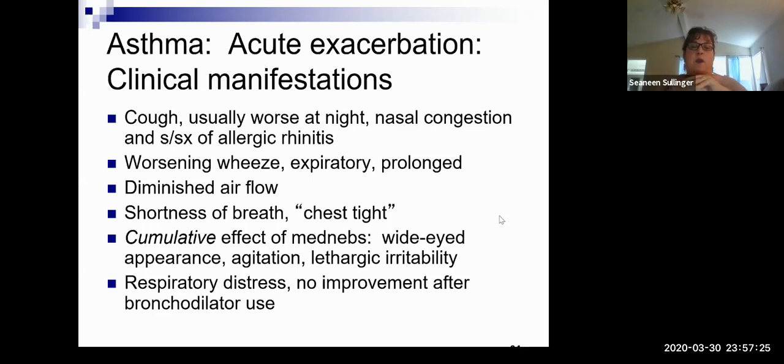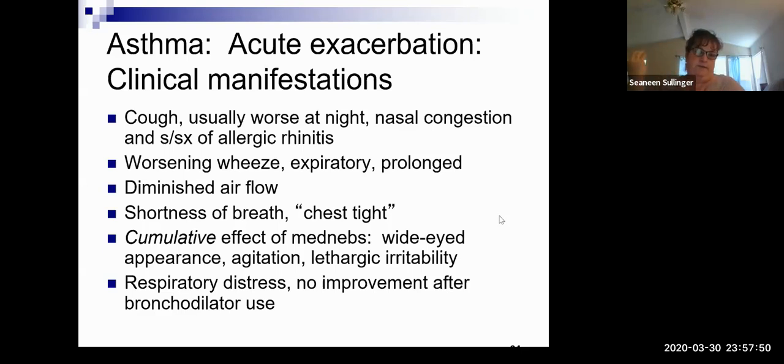And then when you do the med nebs, like we had a duo neb in the CRS packet, it's what type of medication, like say albuterol or ipratropium bromide or Atrovent, because it's a fight or flight, right? And so they get kind of wide-eyed, get agitated, the pulse goes up. You can also become lethargic and irritable, like after.